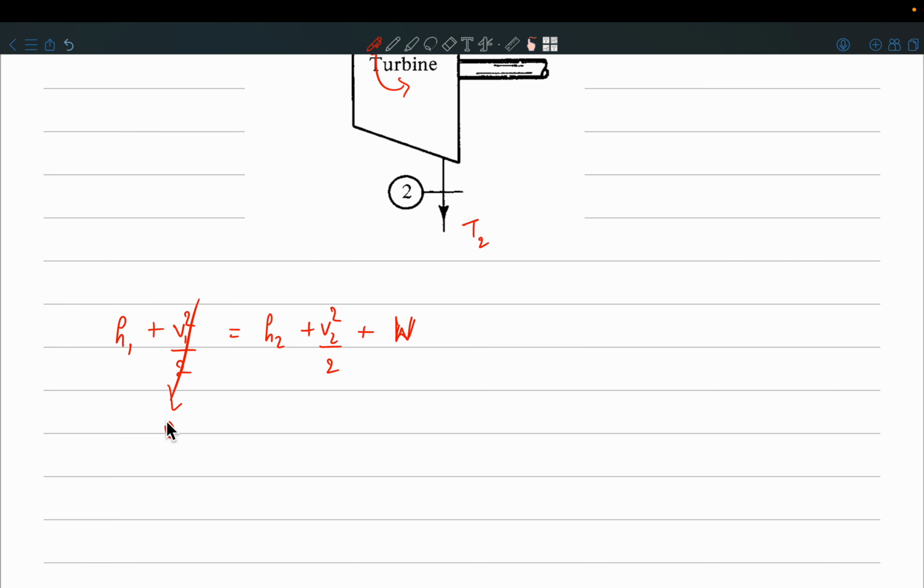So this is 0, this is 0, and the heat is 0. Okay, so work is nothing but H1 minus H2. Okay, then we can also write H as what? CpT. So this is Cp times T1 minus T2. Now we are assuming that Cp is not changing in the turbine, which is a fair assumption.